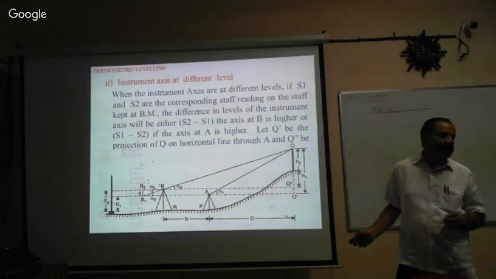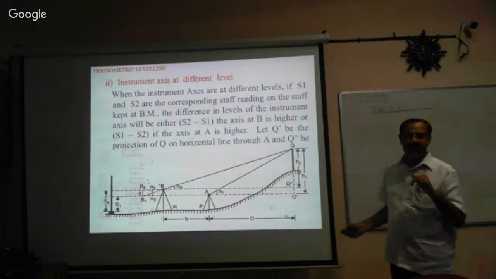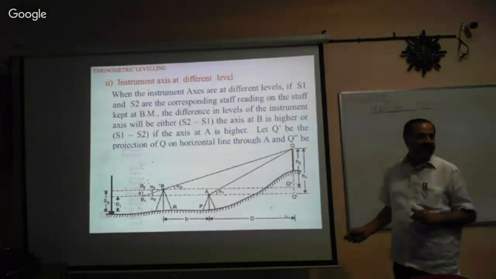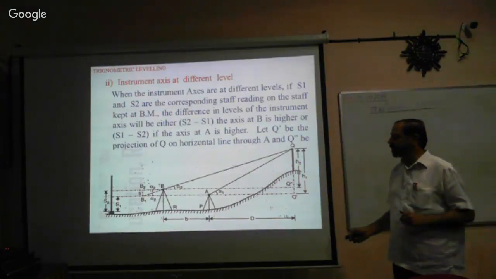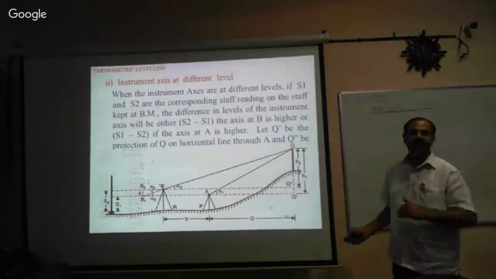Then after doing this, at a convenient location according to your convenience, shift the instrument to the next station at a convenient distance.